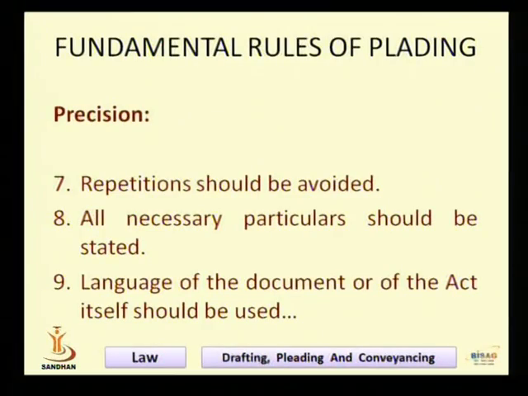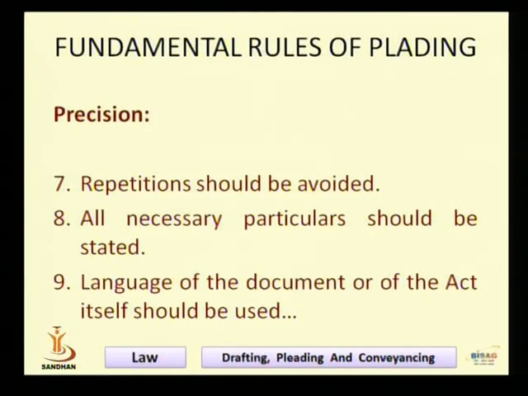Instead, defendant paid plaintiff. That is sufficient. Active voice should be followed if it is precise pleading. The next point of precision is repetition should be avoided. Again and again, if one fact is being repeated throughout the pleading, it should be avoided.